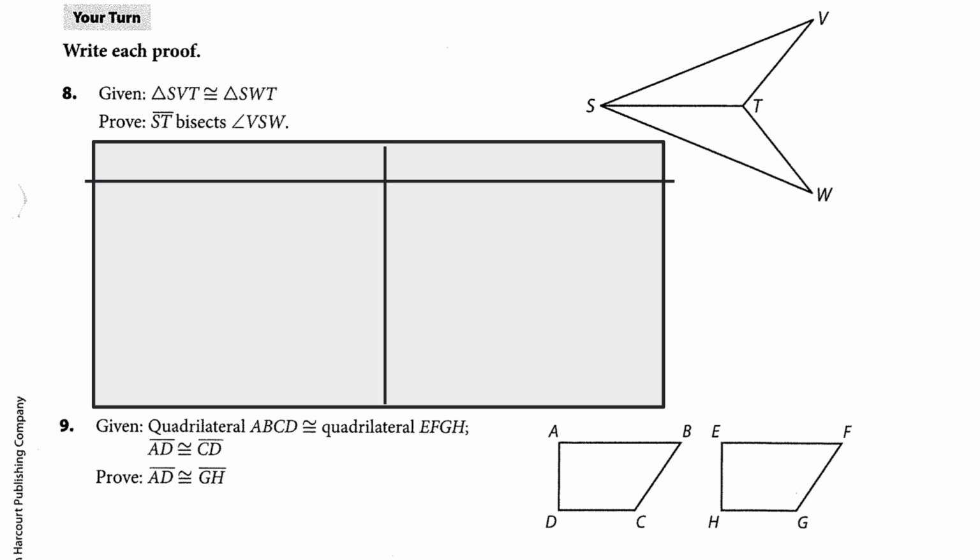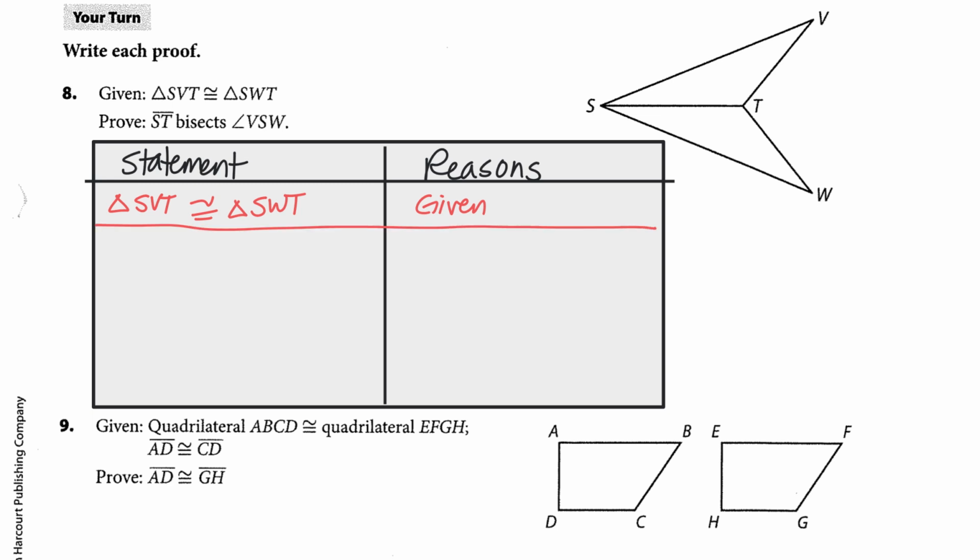8. Write each proof. Given triangle SVT is congruent to SWT, prove that ST bisects angle VSW. Now, draw in the table for the statement and reasons. Let's start with what we know. Triangle SVT is congruent to triangle SWT because that was given to us. We're trying to show that ST bisects the big angle.